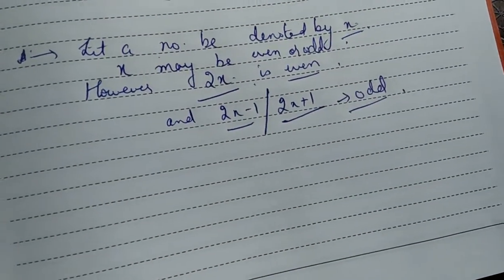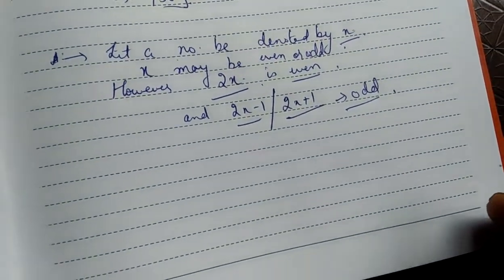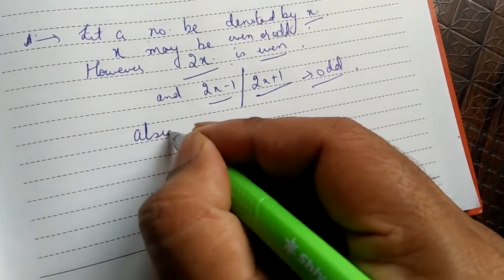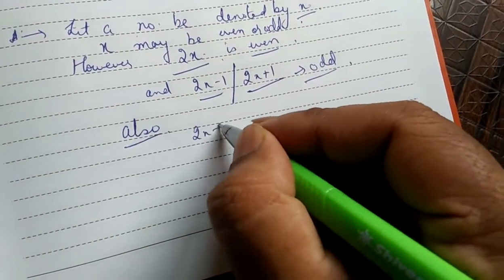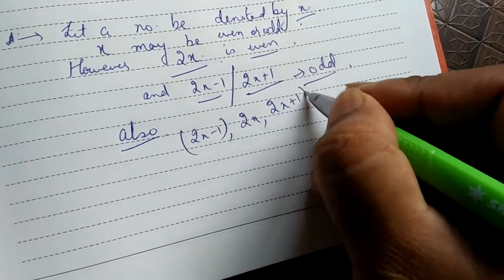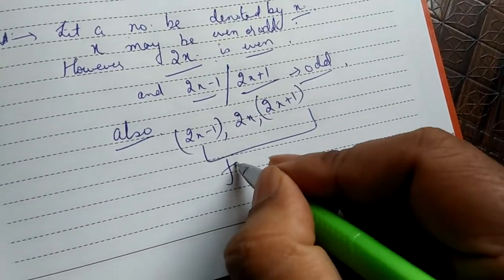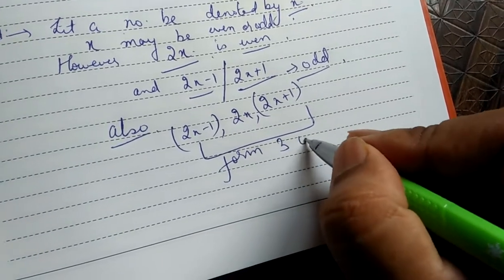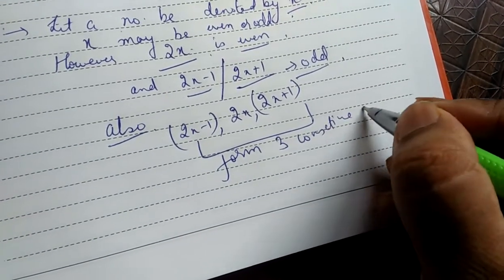Alright, also 2x minus 1, 2x and 2x plus 1 form 3 consecutive numbers.